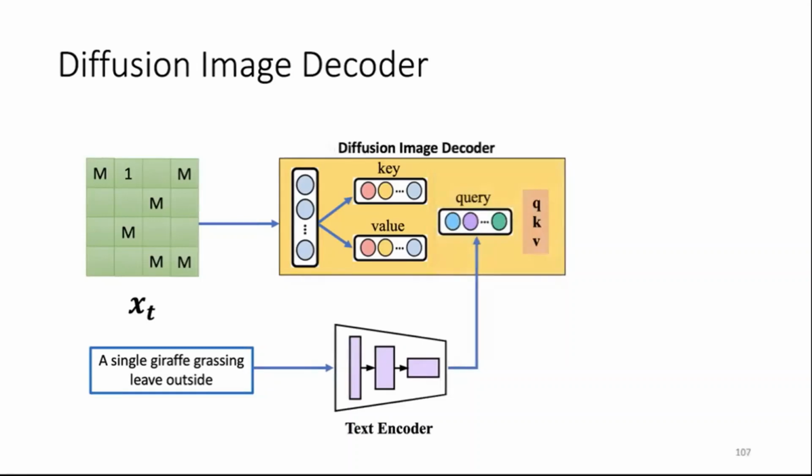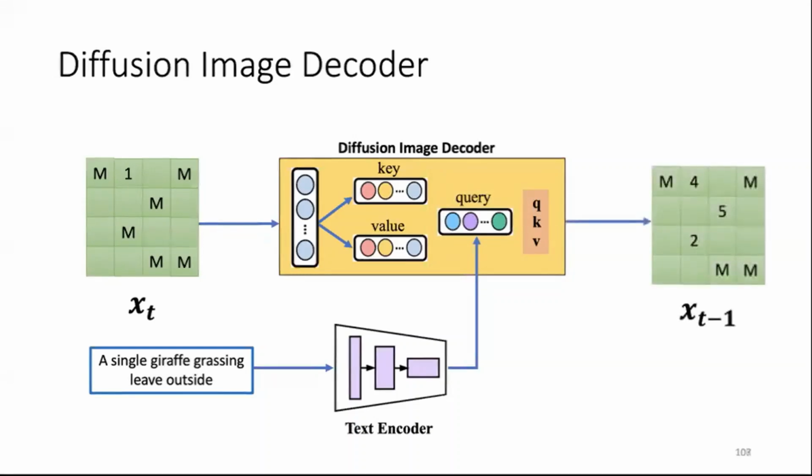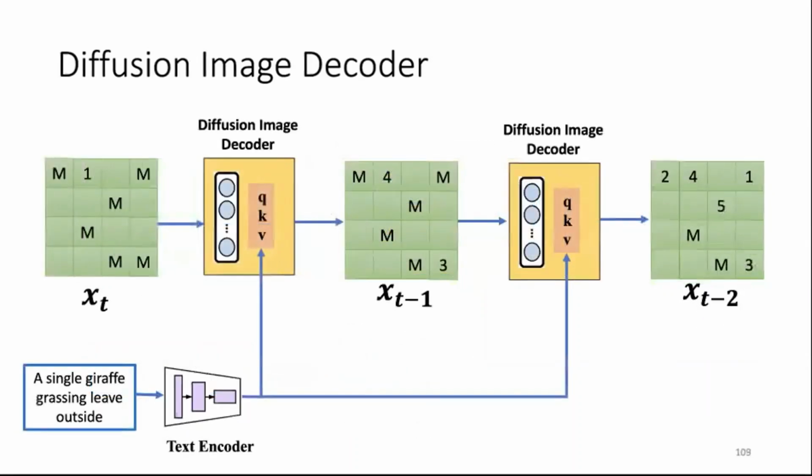These two layers, the adaptive normalization layer and the cross attention layer, are repeated several times in this diffusion image decoder, so that we can get the next less noisy code representation. In this paper, the authors use this decoder at every time t. So when we are at time t, we use this decoder to get the code representation at time t-1. And similarly, we use this decoder again to get the representation at t-2.